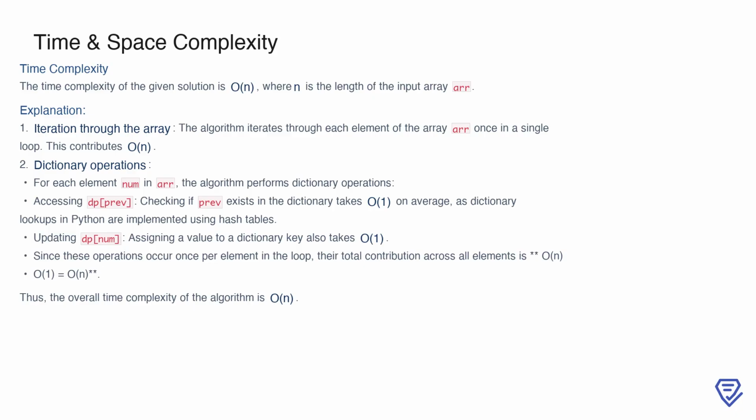Both of these operations, dictionary lookup and insertion, are O(1) on average due to the underlying hash table implementation in Python. Since these dictionary operations are performed once per element, their total contribution is O(n) * O(1), which simplifies to O(n). Thus, combining the loop iteration and dictionary operations, the overall time complexity of the algorithm is O(n).